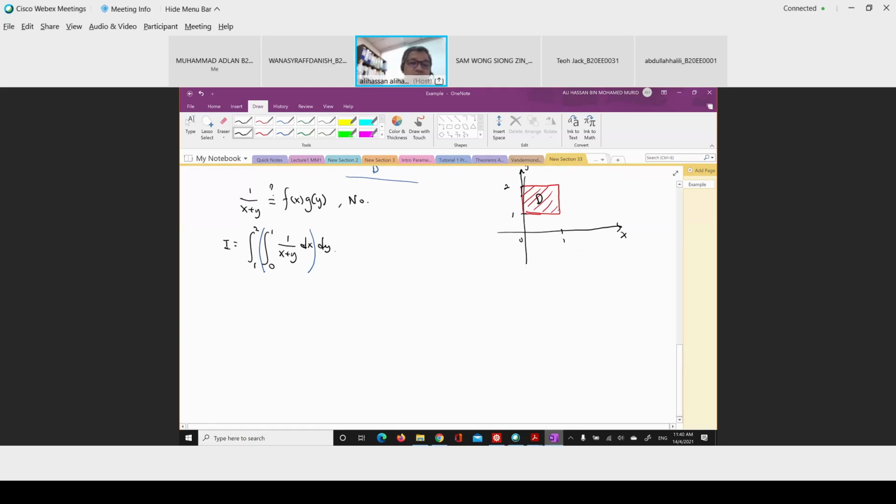What is the integral of 1 over x plus y? Think of y as a constant.